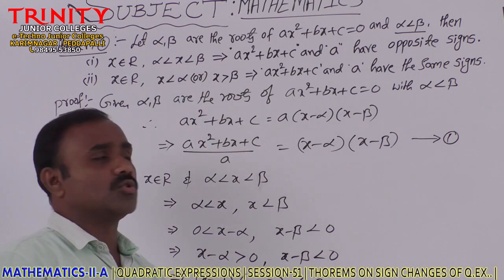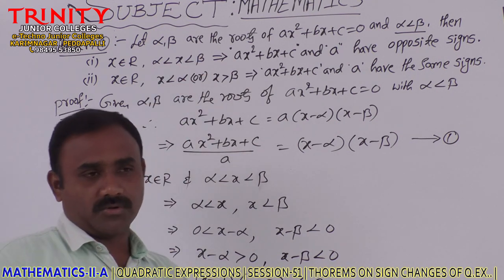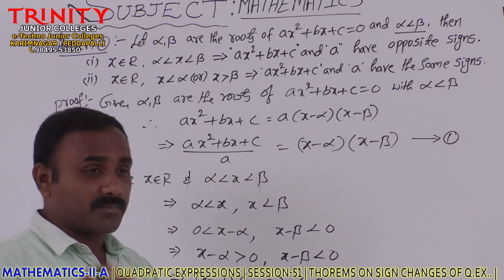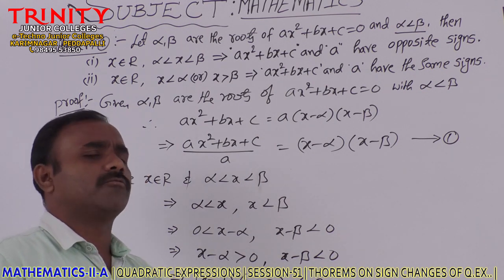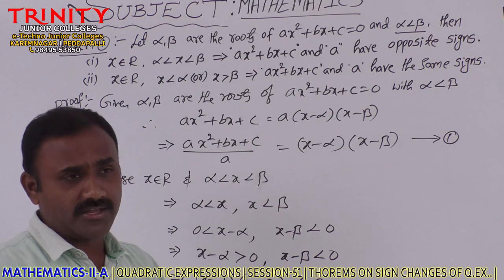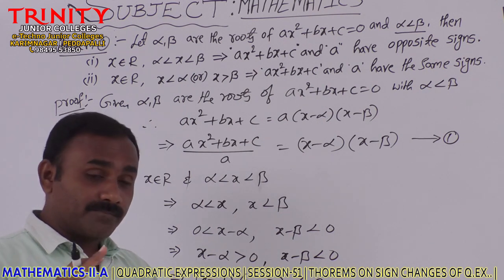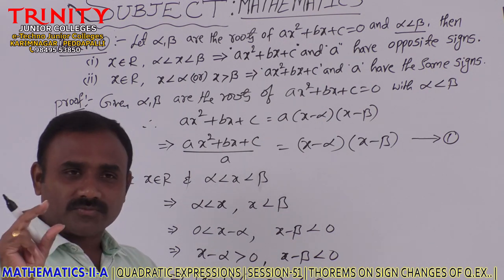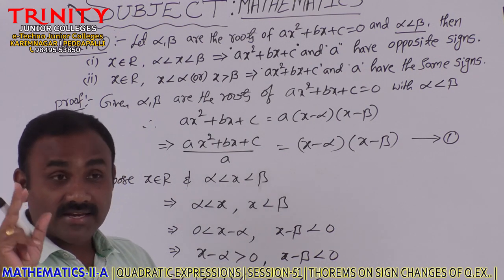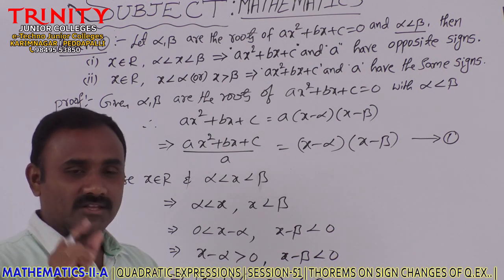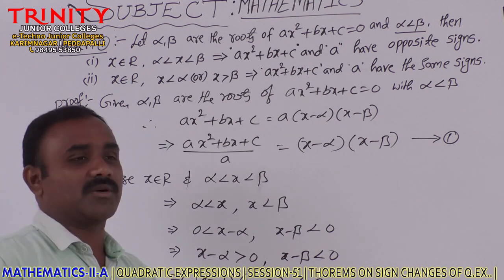If you have any doubts, you can check our previous classes problems. We did the problems while finding range. There we got the quadratic equation in terms of y less than or equal to 0, then y lies in between alpha comma beta.